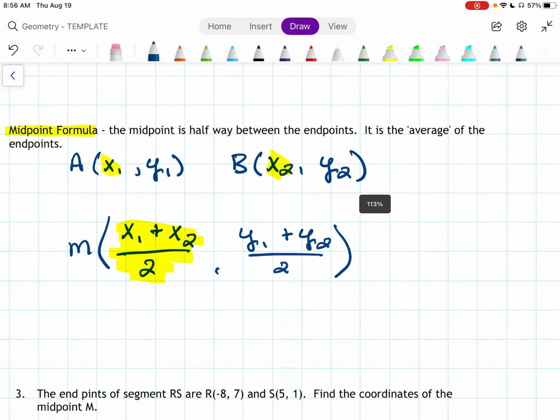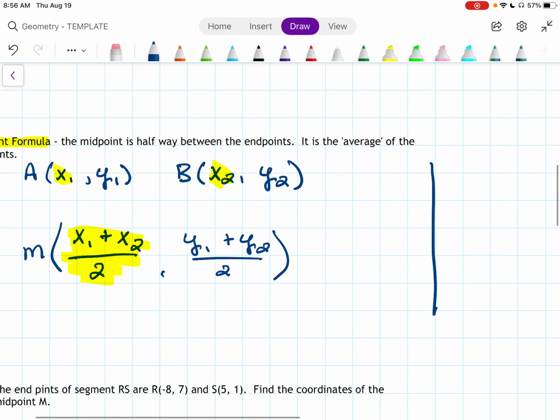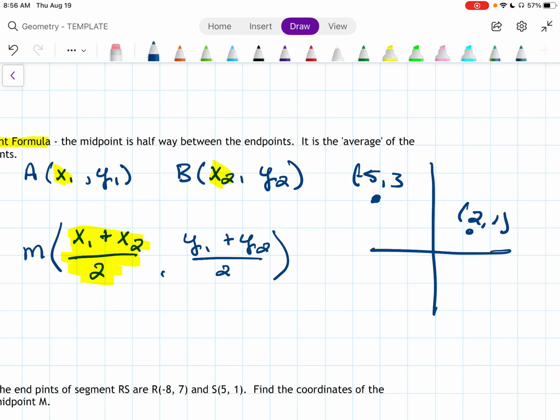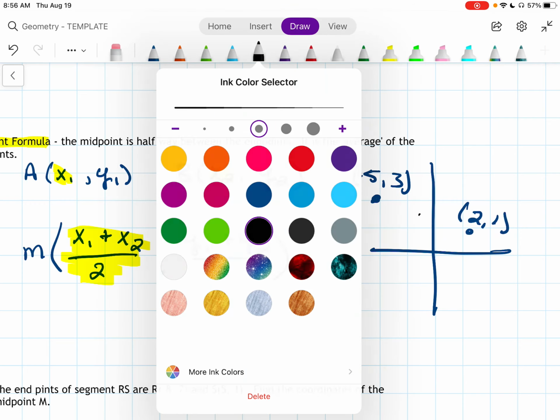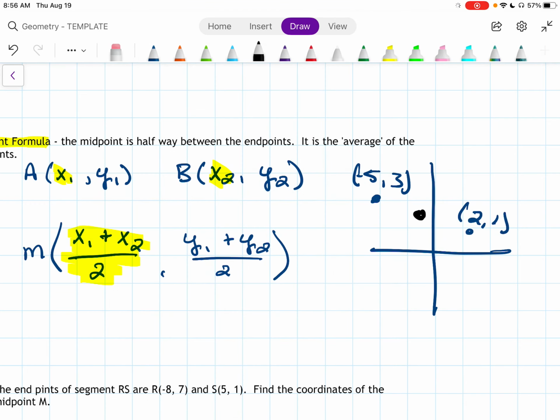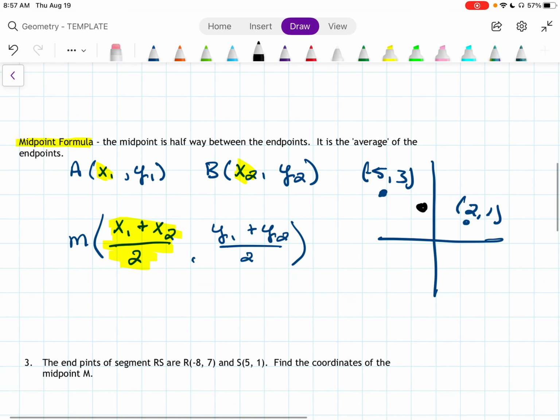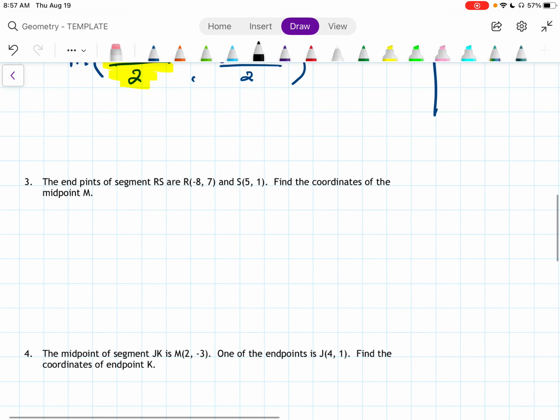Now if we had a coordinate plane where we had A being, I don't know, -5, 3, and then B being, I don't know, 2, 1, that would be how to find the spot halfway between them there.